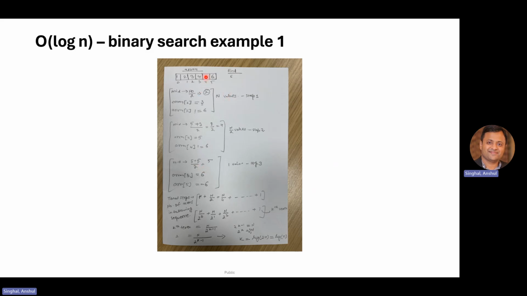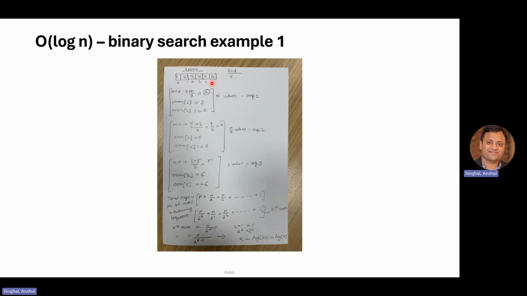So now my lower bound is the mid position plus 1, so it's 5. My upper bound is 5 and my lower bound is 5. It means I am at the last index of the array. If I find it here, then it's fine. If I don't find it here, then I will return -1, because now I cannot go any further, right?